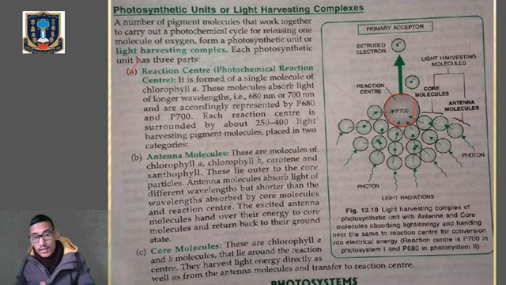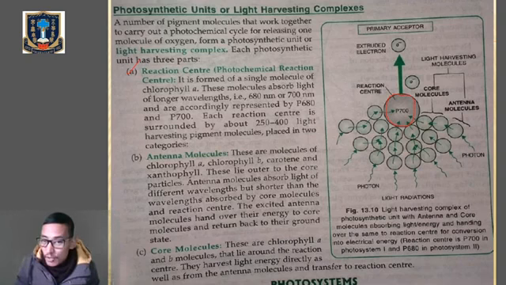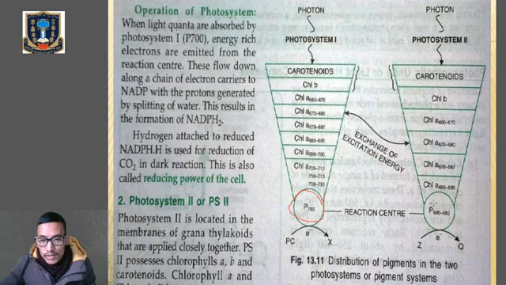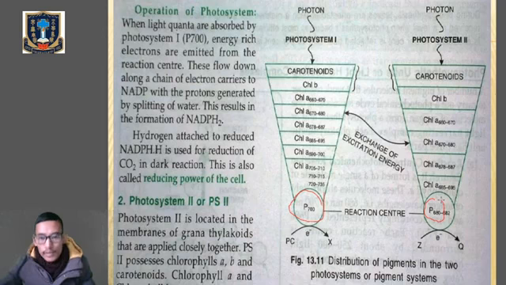And when we see P680, remember that P680 means the wavelength of light absorbed by the pigment chlorophyll is 680 nanometer. So we have P700 and P680. Here we can see P700 and you can see P680. So this means the wavelength of light that is being absorbed by the chlorophyll pigment.